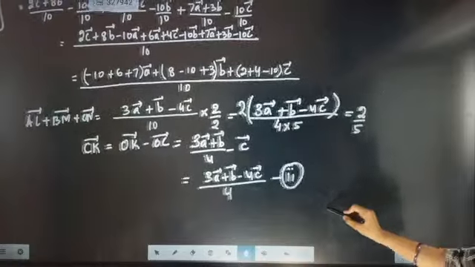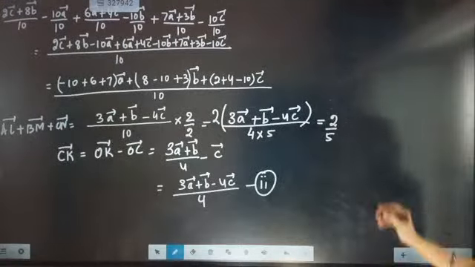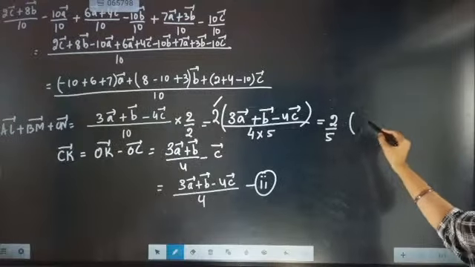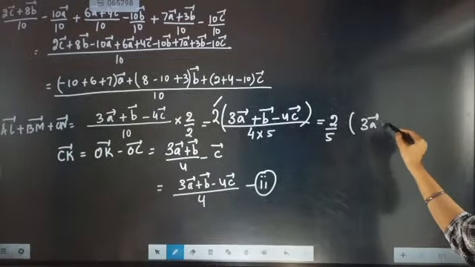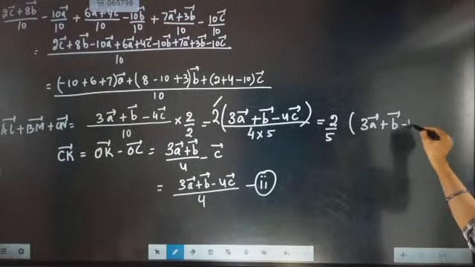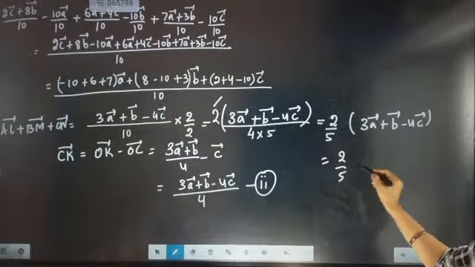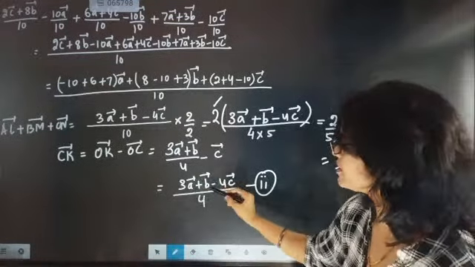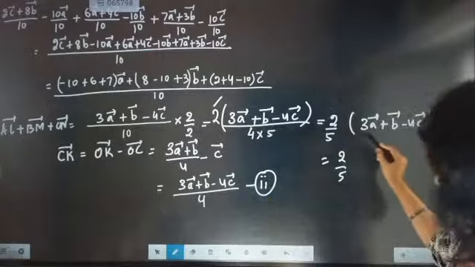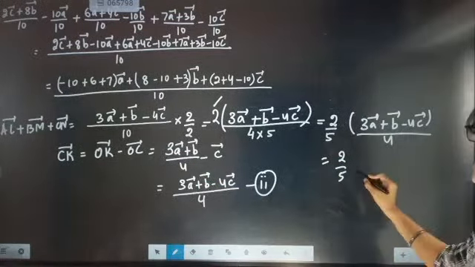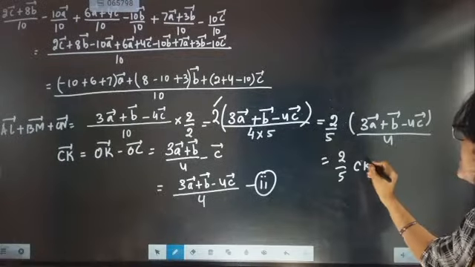Now you see how I am matching it up. 2 by 5: 2 I have written, 5 I have written. Now I am just writing 3A vector plus B vector minus 4C vector. So 2 by 5 into this part, 3A vector plus B vector minus 4C vector by 4, is nothing but CK. So using equation 2, we write it as CK vector.